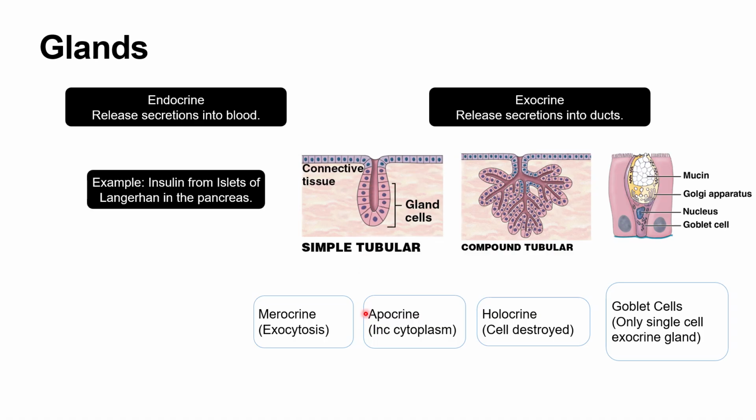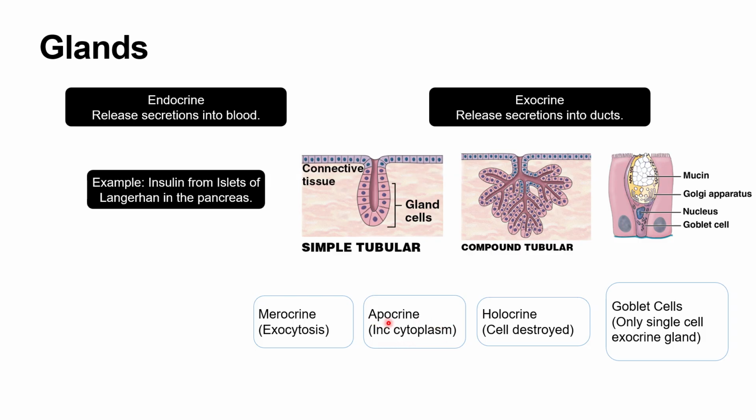This is going to differ from our apocrine exocrine glands, because apocrine glands are the type of glands that will actually release the entire cell contents into the ducts of that gland, including the cytoplasm.